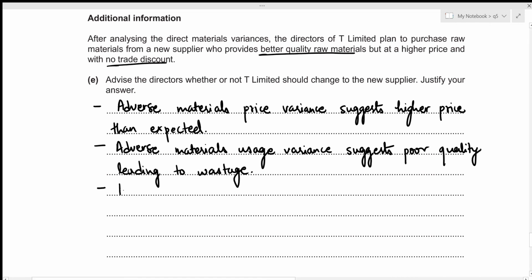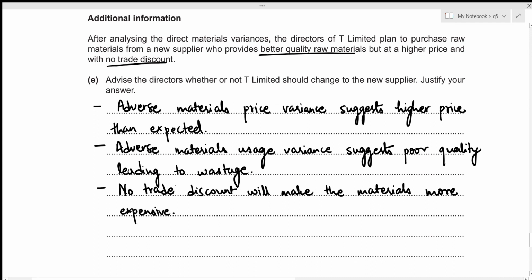Let's write it down. And we are also told that the new supplier provides better quality raw materials, which means that maybe that will reduce our wastage. Let's write it down.